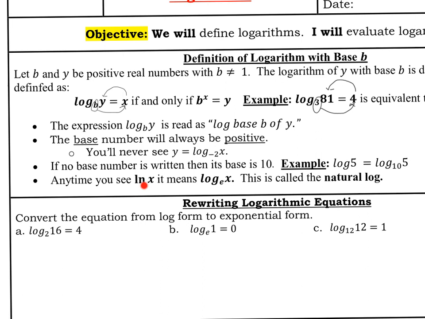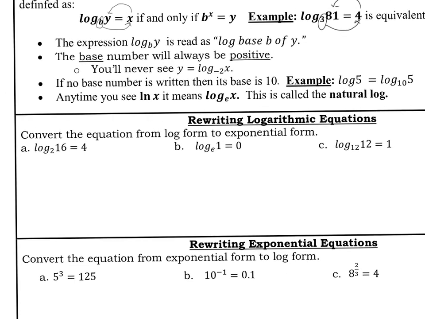I think it's written ln just to keep the L first, like for log. But just think natural log. And it means log base e of x. So that's what the natural log is, and I'll go over more of that in the other videos in this chapter. That being said, let's do these examples.